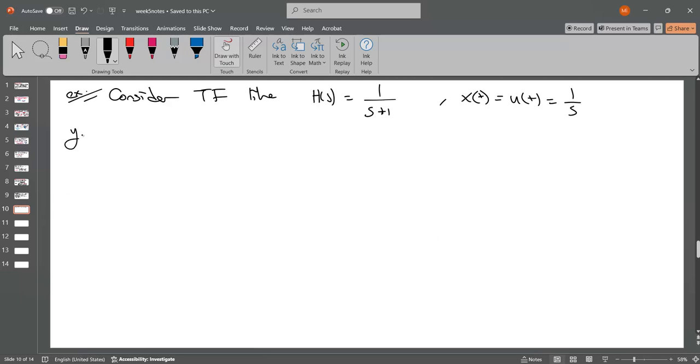Then Y(s) equals what? H(s) times U(s), right? We apply this input signal into H(s), the system, and so we can generate Y(s). This equals 1 divided by s plus 1 times 1 over s, right? This is the output signal, y(t). We want to know the final value of the y signal.